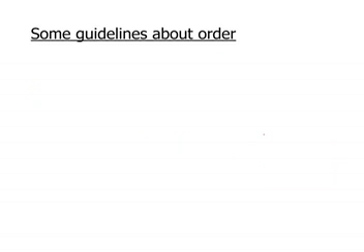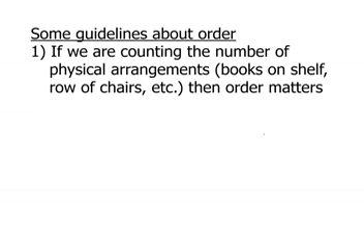So I'll give you some guidelines about order. There are no hard and fast rules, but some general guidelines. If we're counting the number of physical arrangements, so we're putting books on a shelf or children are sitting in a physical row of chairs, then of course order matters because there's actually a physical place for each thing, and swapping two things in two different places will give us a different order.